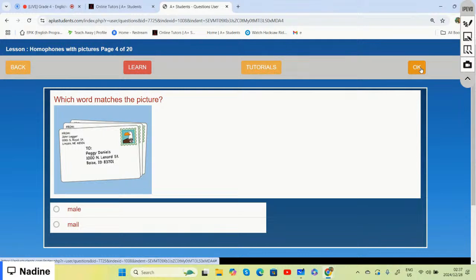Male. It's like letters. Male. Is it option one, male, which is male, or option two, male, which is mail? Which one is correct?